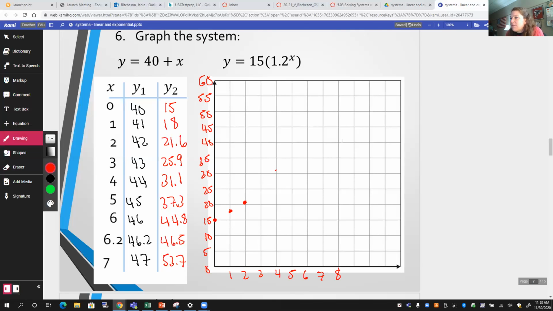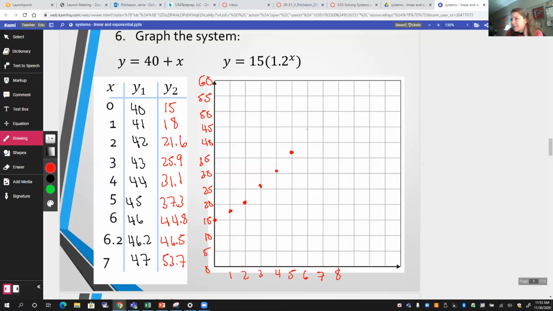3 and 25.9, which is really close to 25. 4 and 31.1. 5 and 37.3. 6 and 44.8.